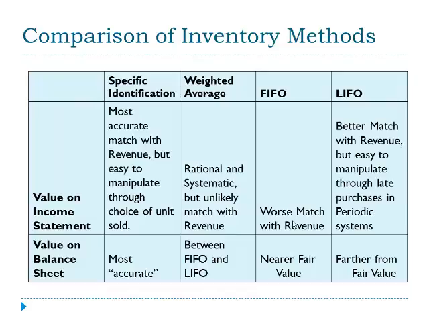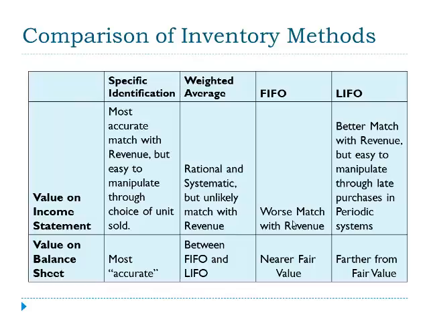First in, first out represents the worst match between cost of goods sold and revenue, and last in, first out represents the better match between cost of goods sold and revenue. However, it can be easy to manipulate through late purchases if the company is using a periodic system.